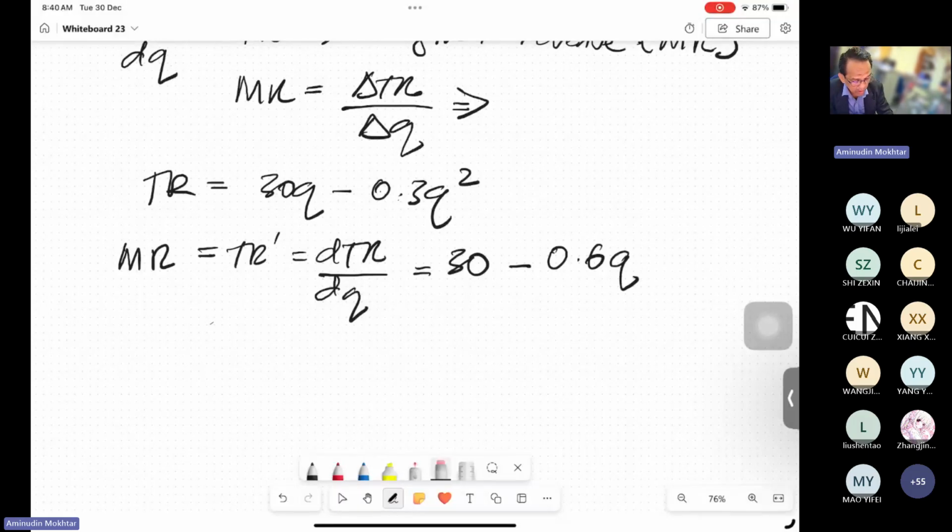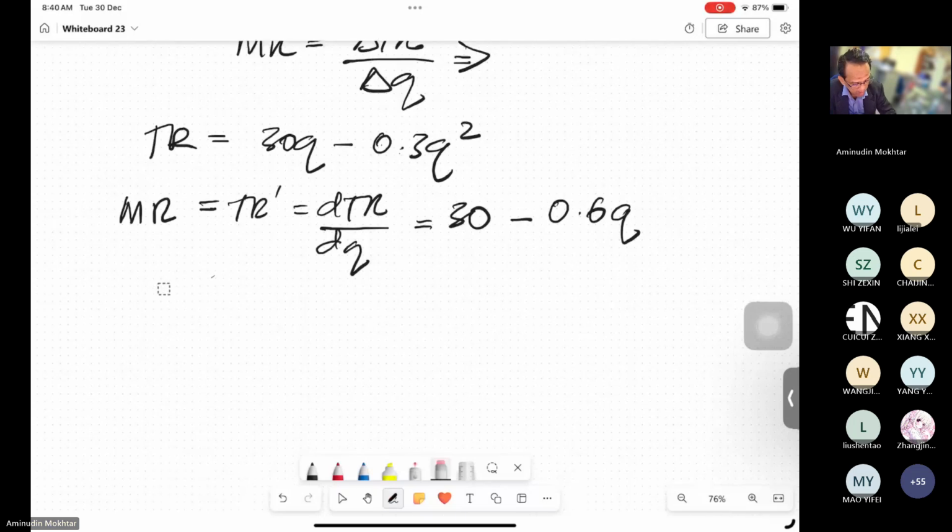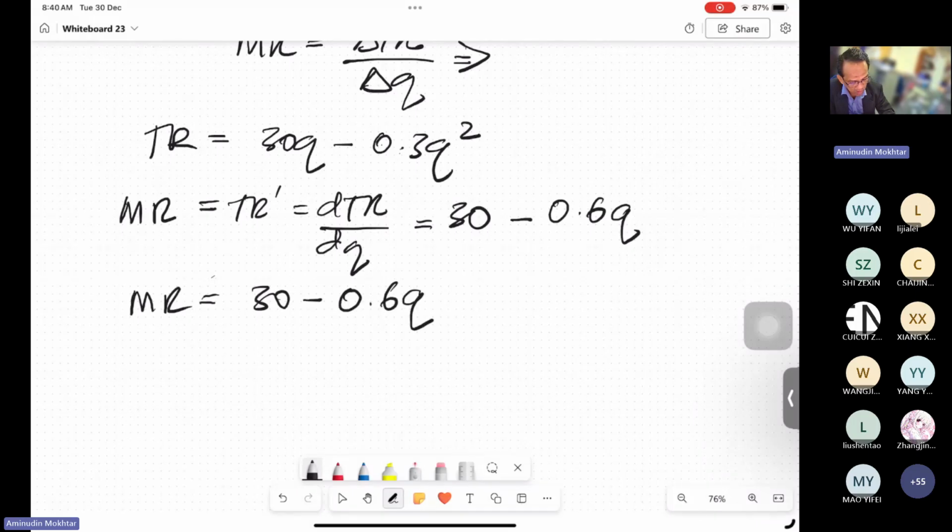So MR equals 30 minus 0.6Q. That is the marginal revenue of TR. Marginal revenue in Bahasa is hasil sut. So when quantity equals 2, what is MR?